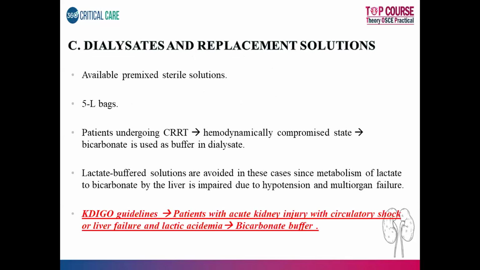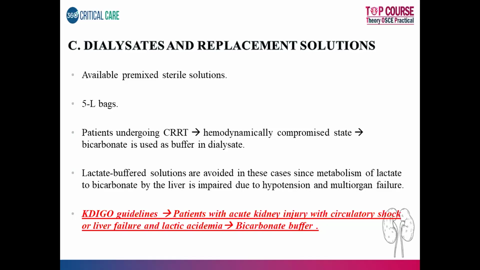Coming to the different types of dialysates and the replacement solutions that are used in CRRT. Usually these solutions are available as premixed sterile solutions, usually in 5 liter bags. So these patients who are undergoing CRRT are already hemodynamically compromised. So the best dialysate that can be used is the bicarbonate dialysate because it also acts as a buffer.